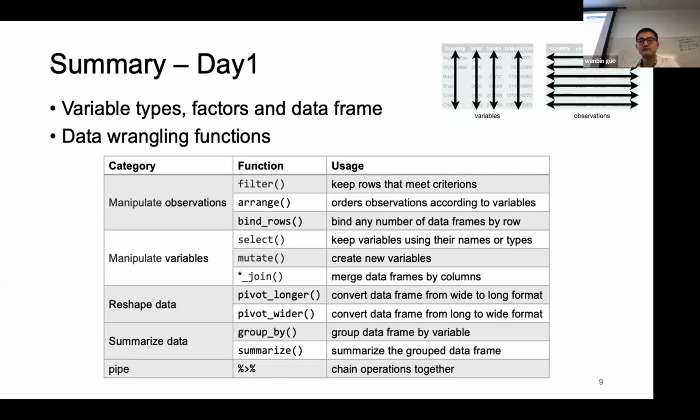And for the data wrangling functions, we talked about how to manipulate the observations using filter. By specifying some criterion, we keep the rows that satisfy the criterion. We can also reorder the data frame based on some variables using the arrange function.